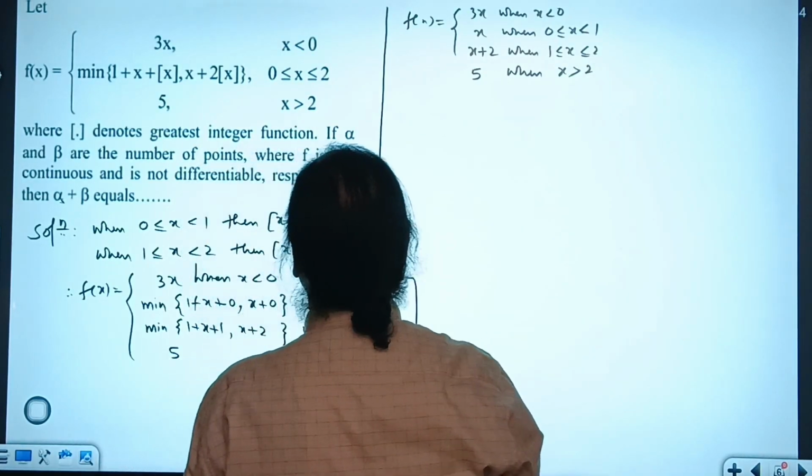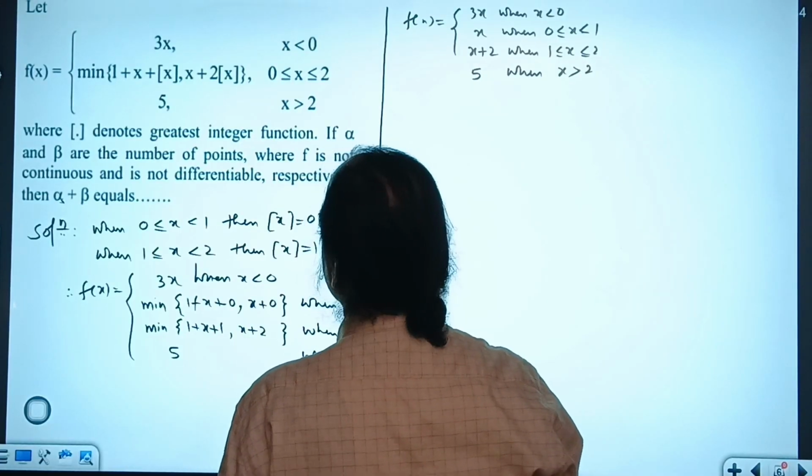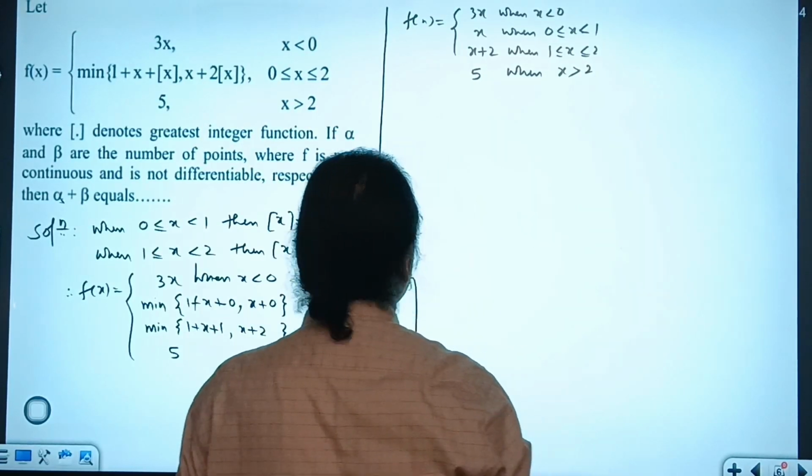Alpha and beta are the number of points where f is not continuous and it is not differentiable.